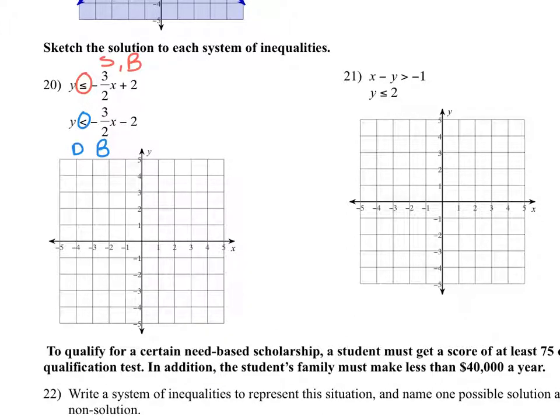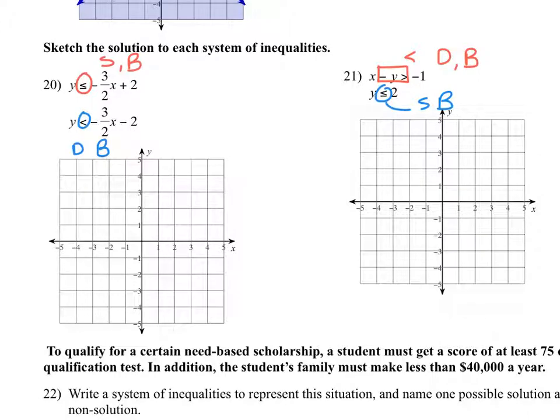Question 21, I have a negative y, so that's going to flip my symbol around, which means this one is going to be dashed and below because it's less than now. On my second one, I've got a less than or equal to symbol. That's going to be solid and below. All right, I followed my own instructions this time.